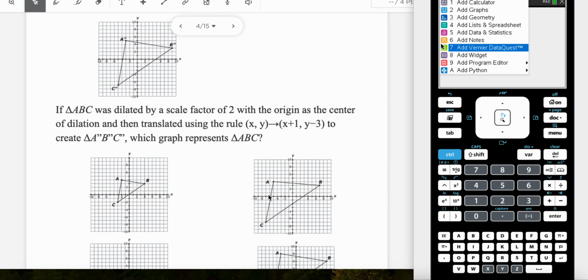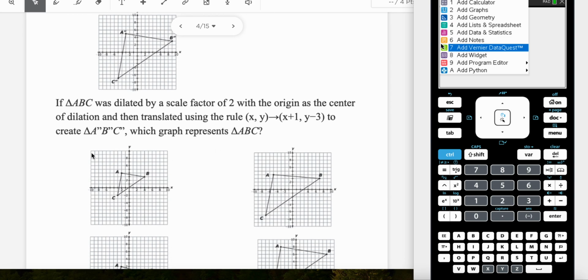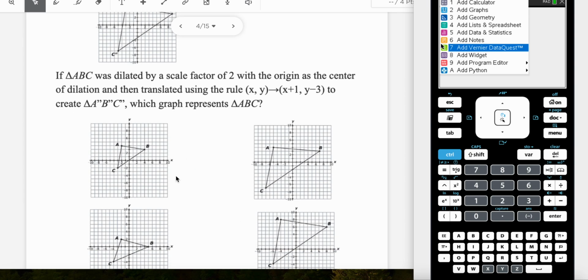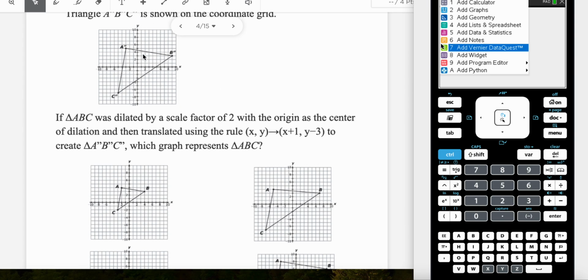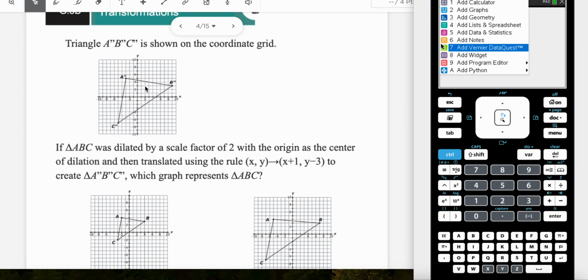So again, they're asking us which of these would have been the original. Which of these graphs being the original was dilated by a scale factor of 2 and then translated to give us this. So this would be the answer in terms of the results.